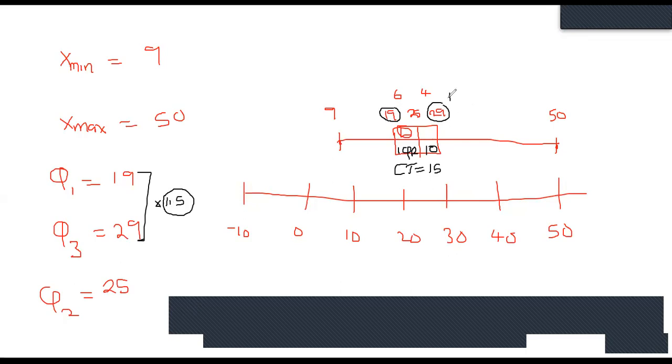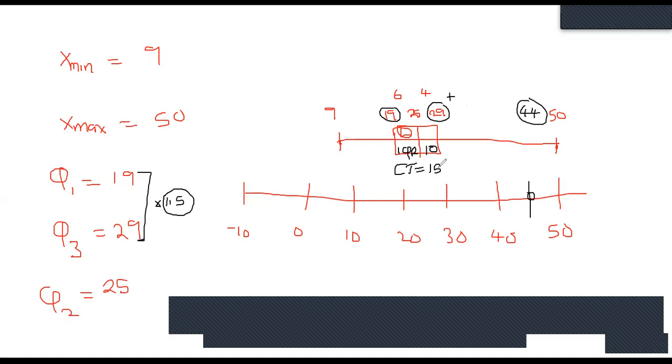So when you add 15 here to the 29, what do we get? 15 plus 29, we get 44. So 44 is somewhere inside here. So this is called our upper limit. Then from the 19, you subtract what? 19 minus 15, what do we get?